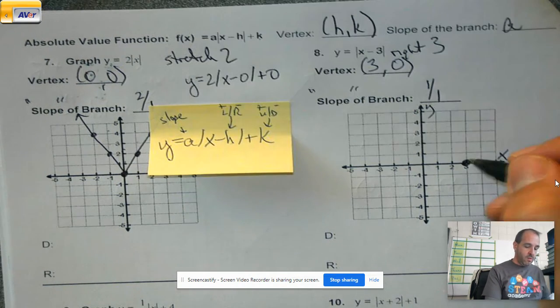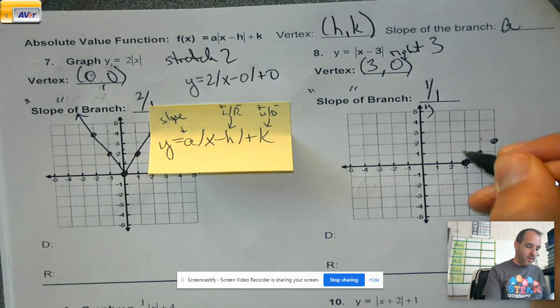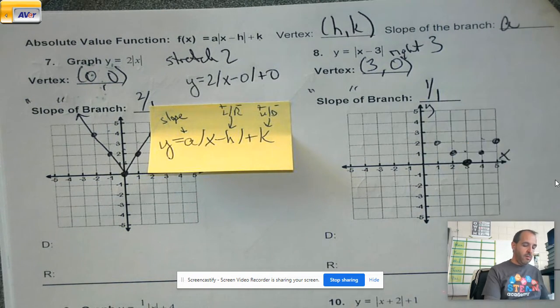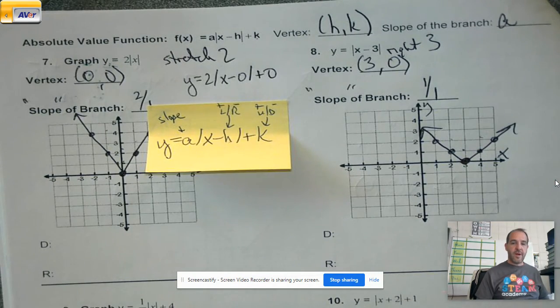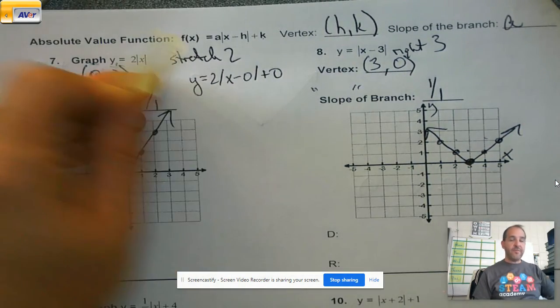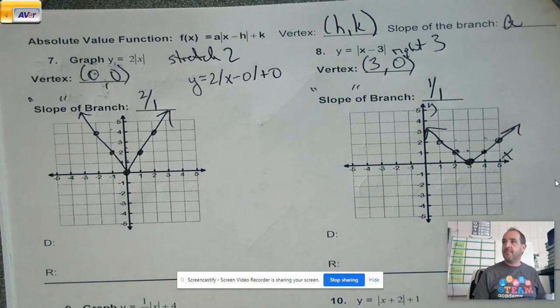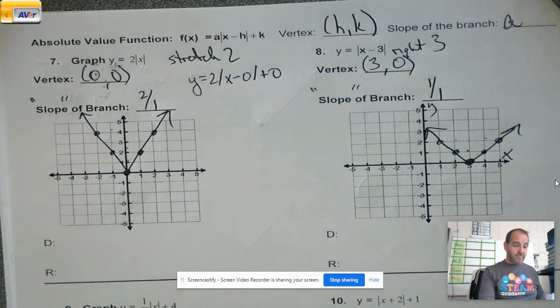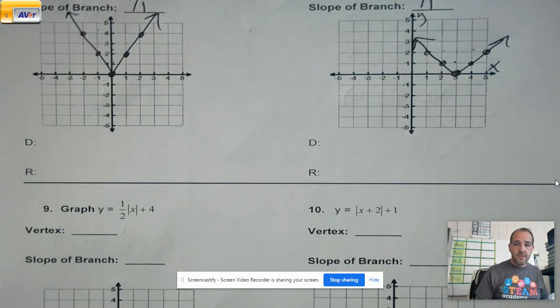So I go up 1 over 1, up 1 over 1, and so on. Draw my arrows in. So for the first few times you're having to double check on the calculator, that's okay. That's not a big deal. But you do want to make sure that you're getting those in well.